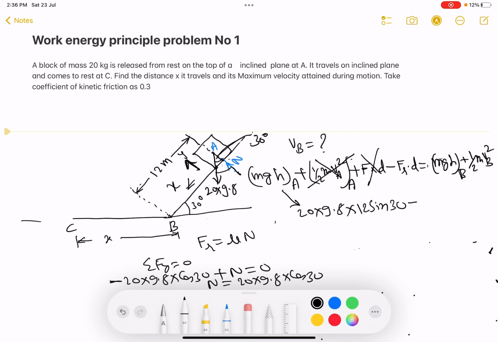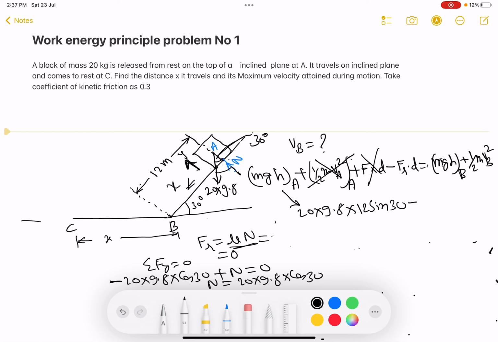Now friction. If this is N, then this is the frictional force. It is mu into N. So it is 20 into 9.8 into cos 30. Sorry, let me correct it.